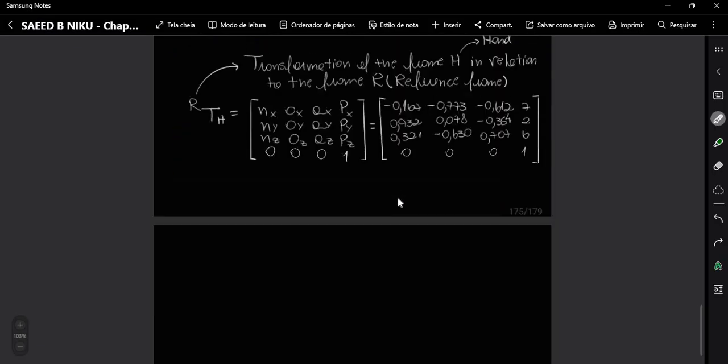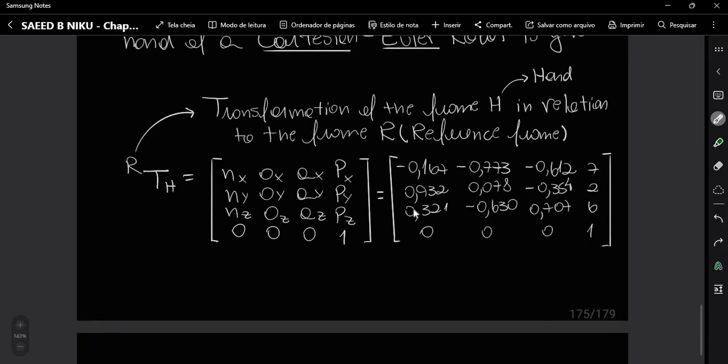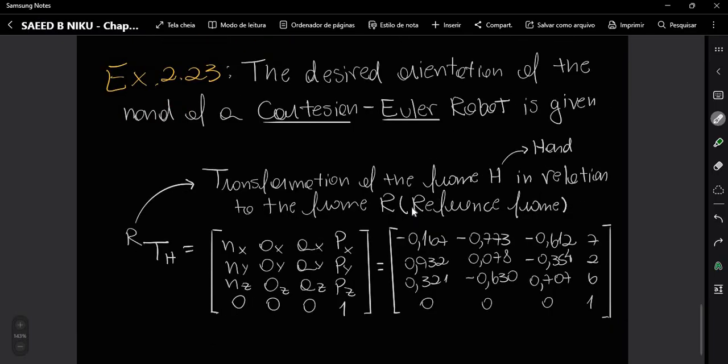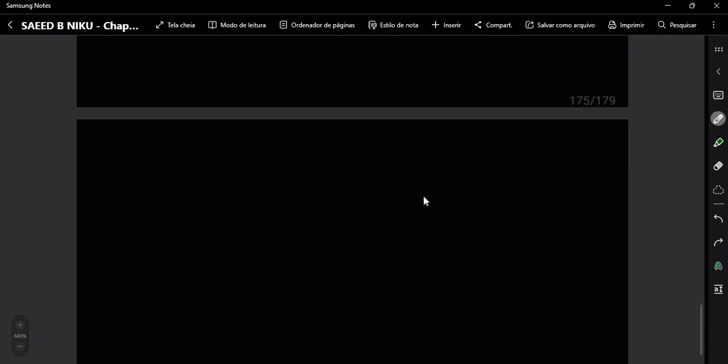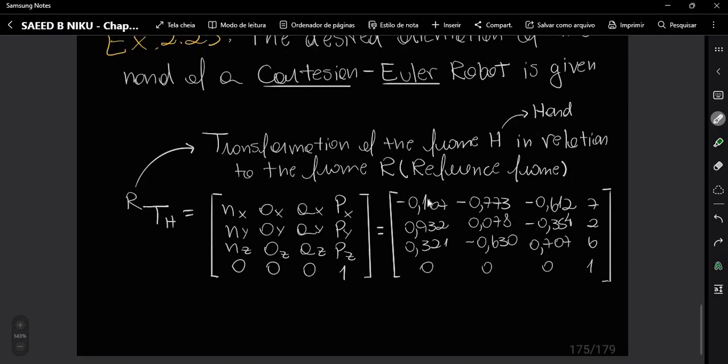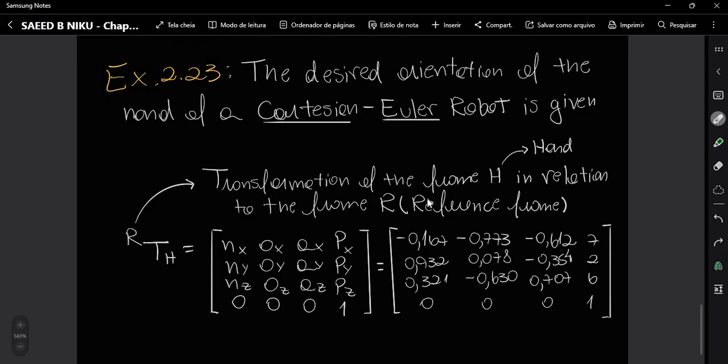Okay, so this is the statement, and we got this Cartesian robot. I think we don't need to draw any illustration.